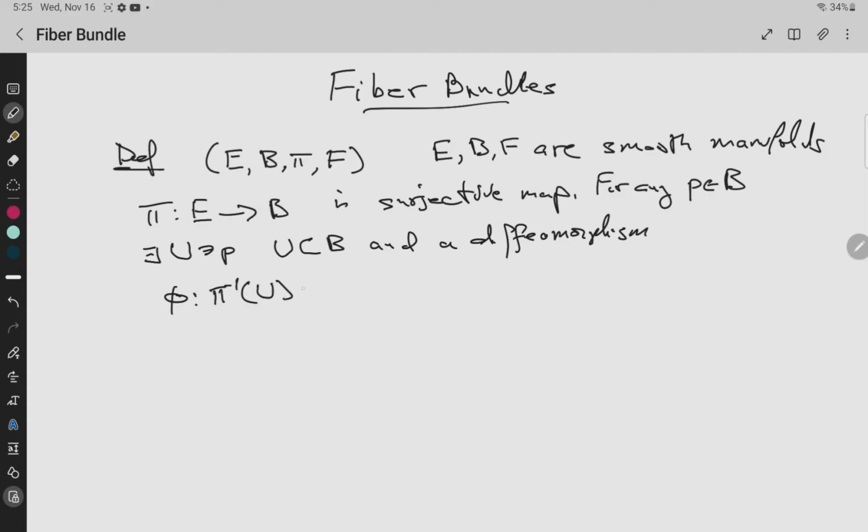Basically, the diffeomorphism in this case is going to map the inverse bundle projection of the open set U into the Cartesian product of U and its fiber F. So here U is a subset of the base manifold and p is contained in U, so U is a neighborhood of p.